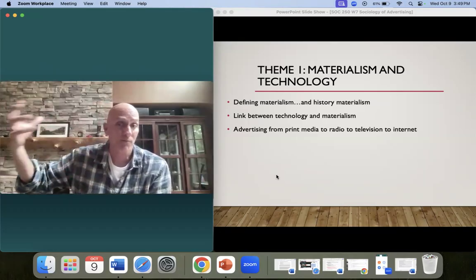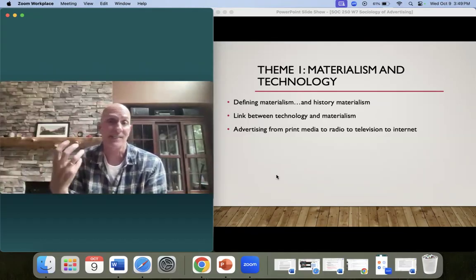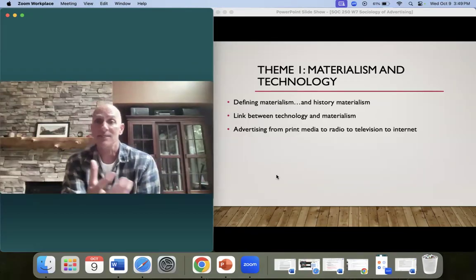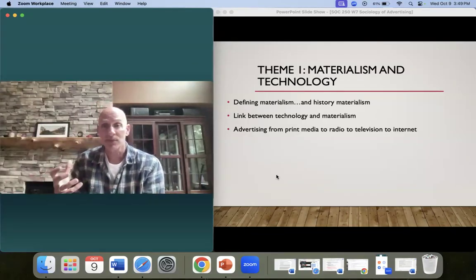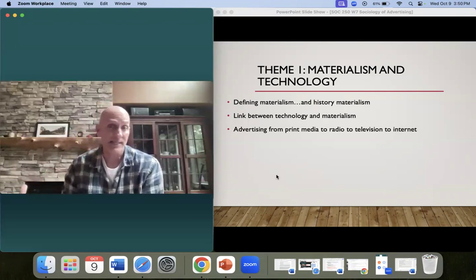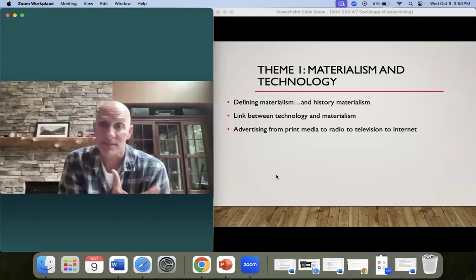One of the things you're going to focus on for the assignment is looking at a product and looking at its advertisements over a course of time. And hopefully the connection you can make is that early advertisements for a particular product, let's say a razor, were very minimal in image, with a lot of text about the product. And then fast forward to today, oftentimes you get something different.